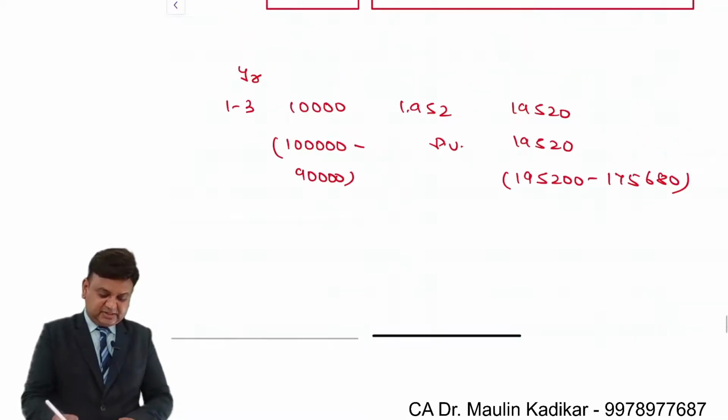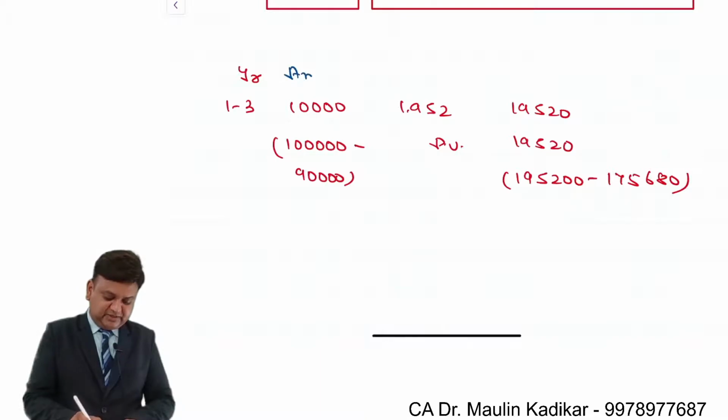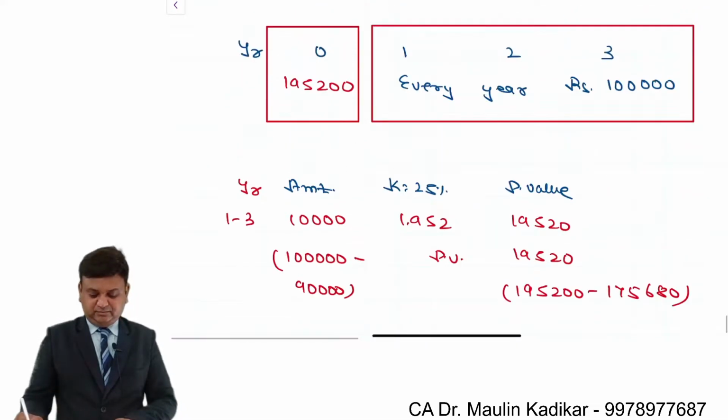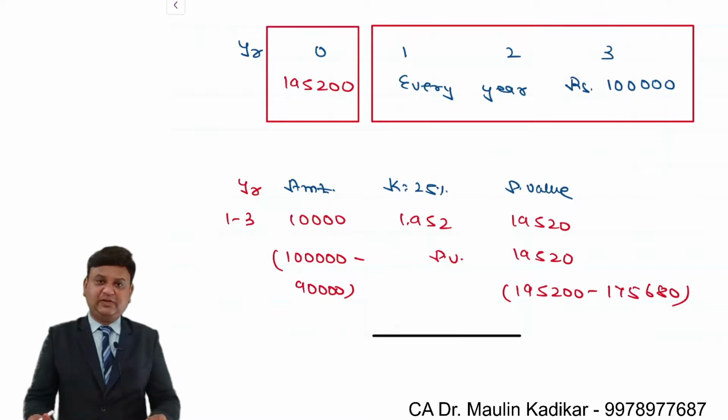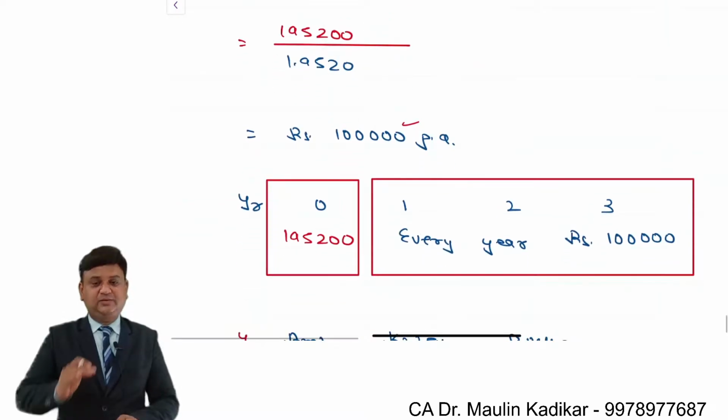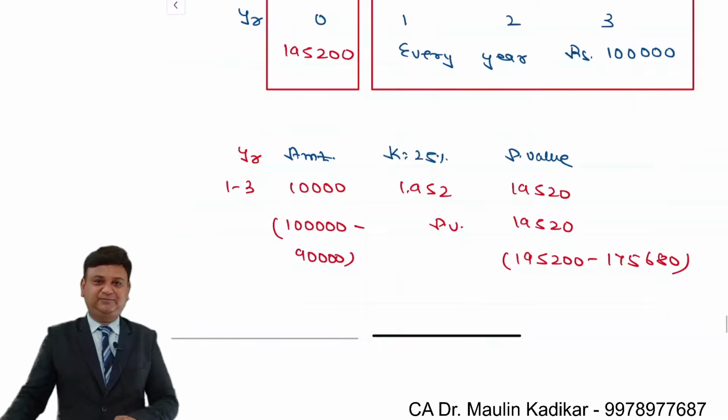This is the amount of savings on annualized term, discounting at 25%, and we get this as a present value. Okay. So this is only for understanding purpose, this cross verification. From examination point of view, you can do the answer with either the first method or the second method.